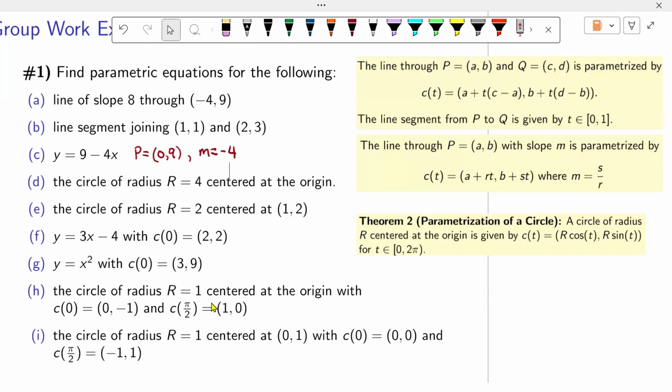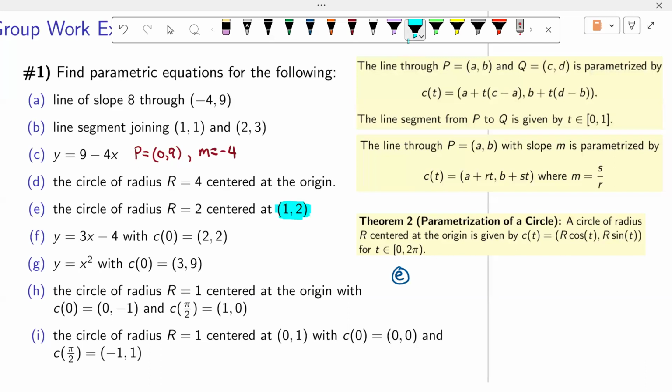So shall we talk about part E a little bit? Part E is mean. Part E says give a circle of radius 2, but it's no longer centered at the origin, it's centered at 1, 2.